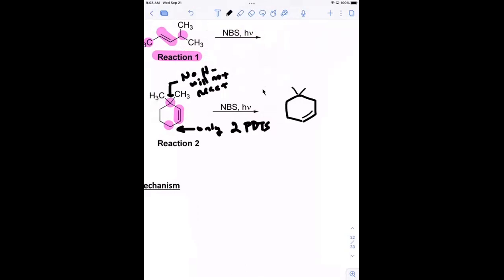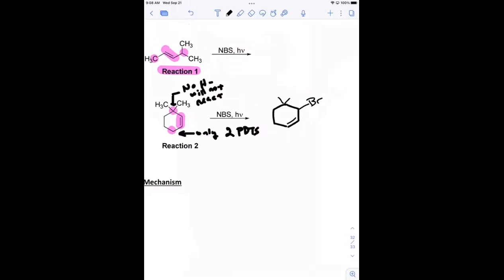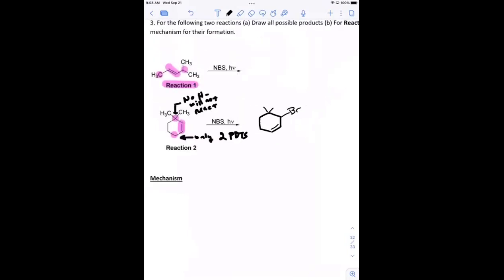Is it going to go above that double bond? Yeah, I agree with that. That's the resonance product. What about the main product? What's that going to look like?